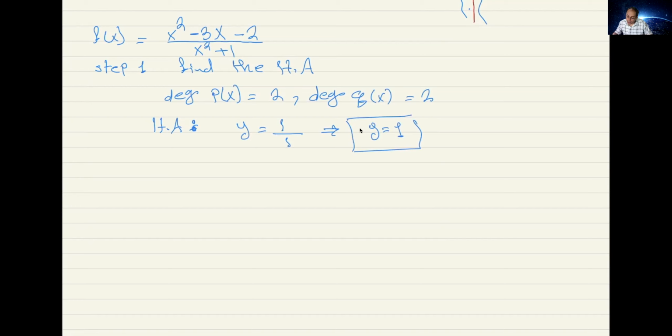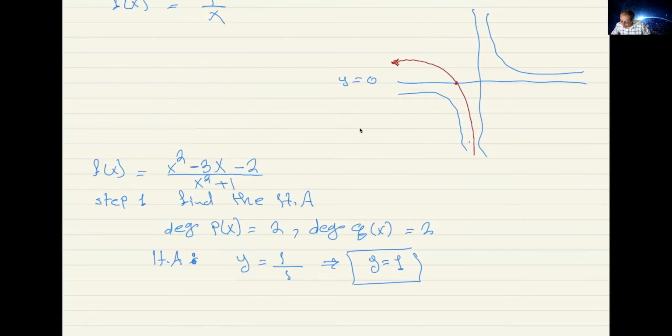Now, let's go back here. If I want to see whether the function crosses the horizontal asymptote, I have to find this point, which is the x value. So I want to find the x value that makes the function cross y equals 0.